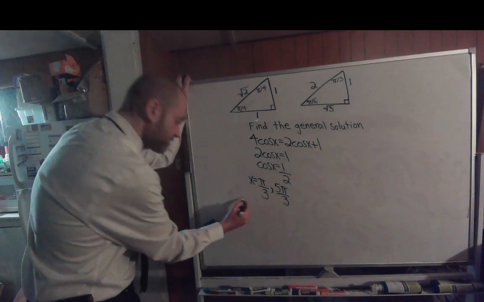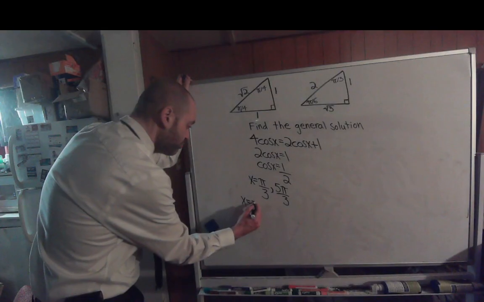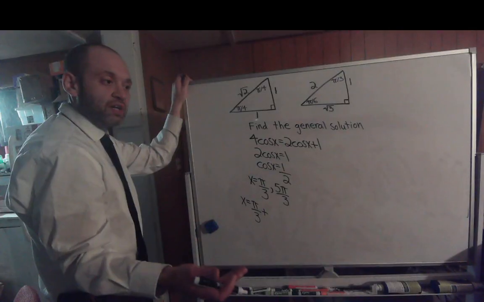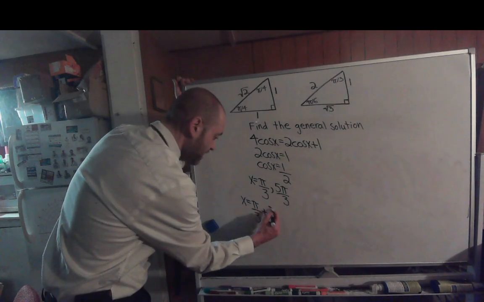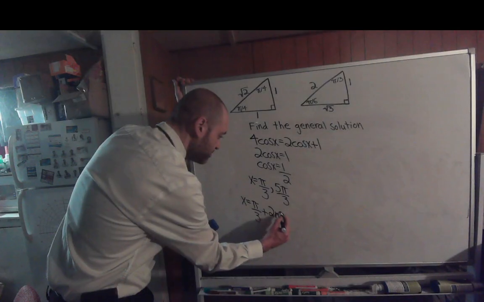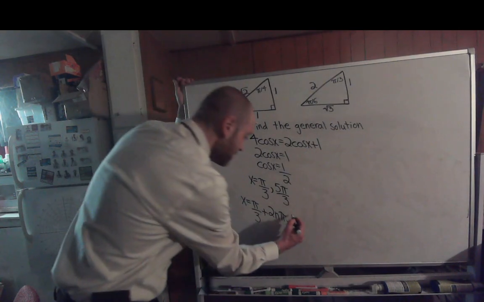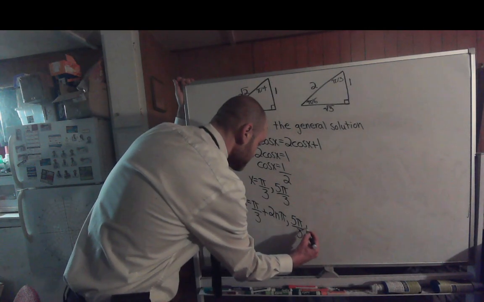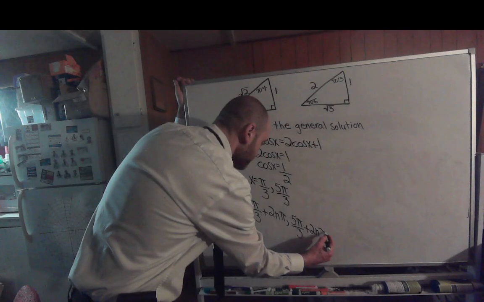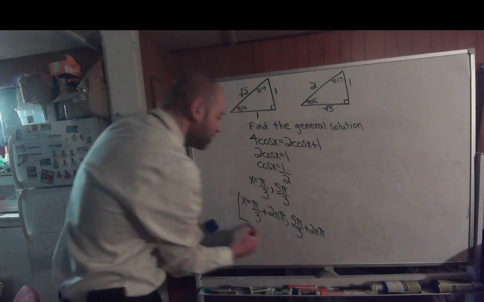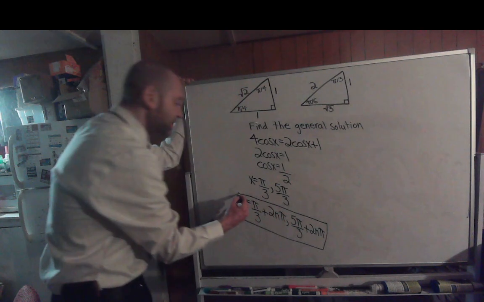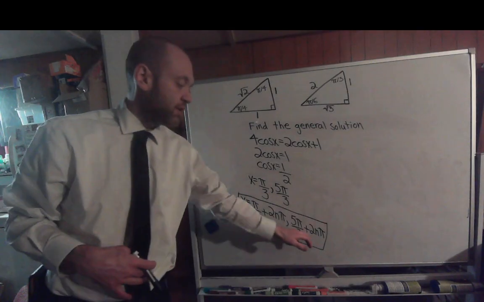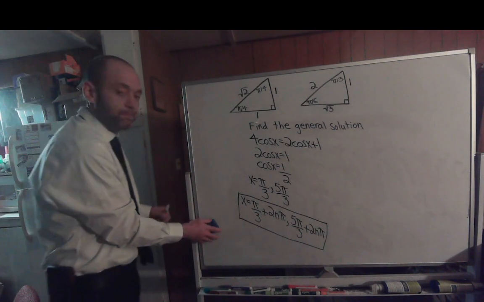Now the general solution is x is going to equal pi over 3, plus consider the fact that the period of the cosine function is 2 pi, so pi over 3 plus 2n pi, and then 5 pi over 3 plus 2n pi. That's how you'll account for all solutions from negative infinity to infinity. Pi over 3 plus 2n pi and 5 pi over 3 plus 2n pi.